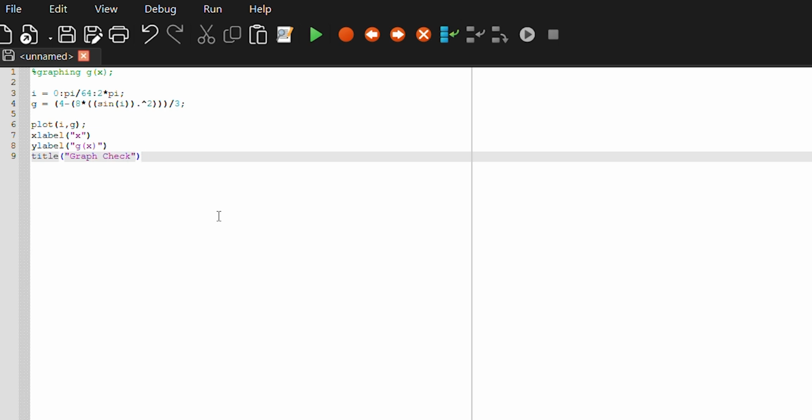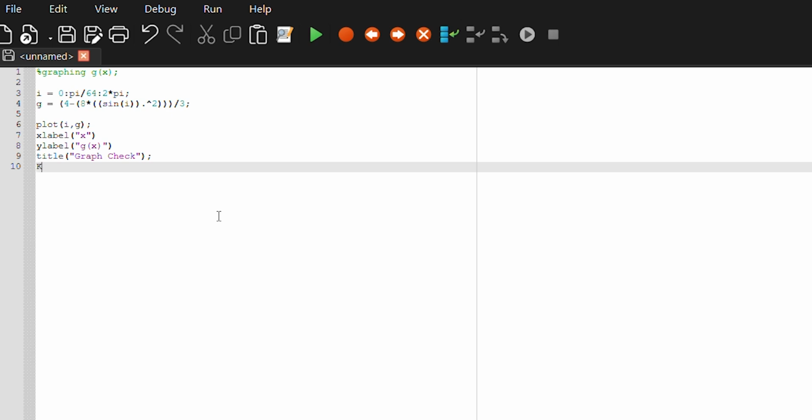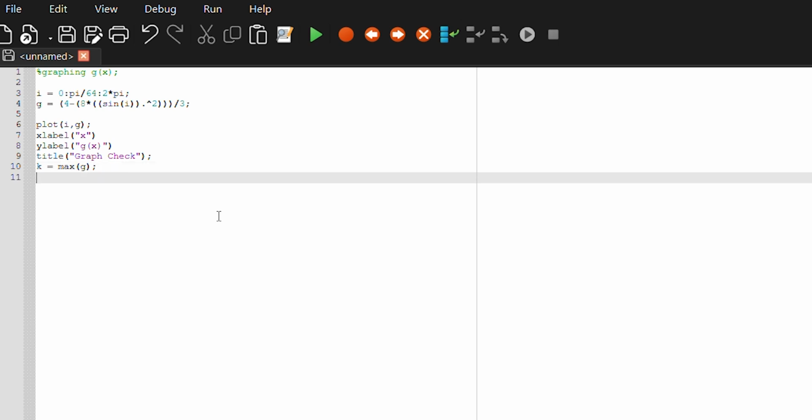and then I'm gonna call it k, the maximum value, because they ask for the maximum value of the graph that's possible. So k max, the max of g, which is not gonna show, we can comment it.